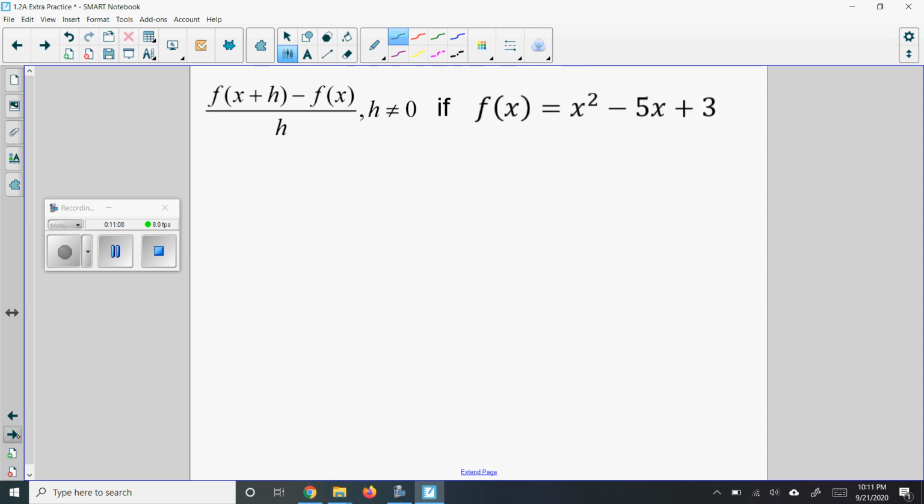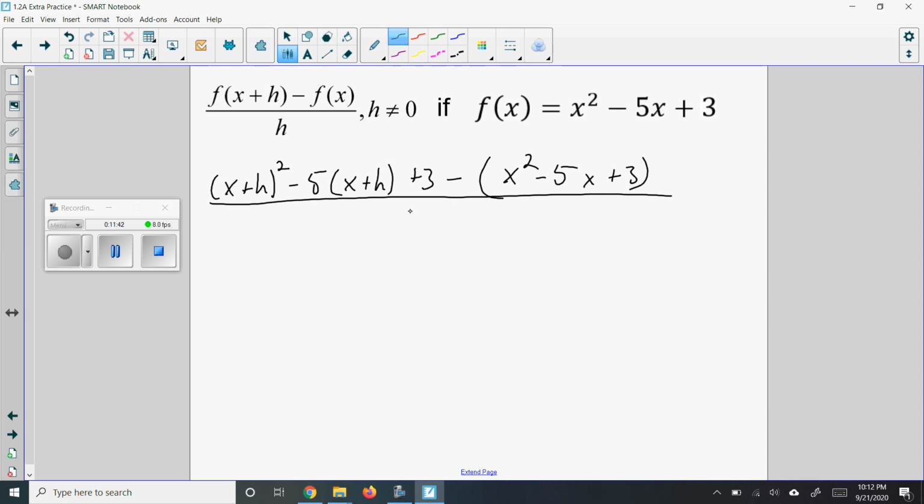Okay, let's do this one. Again, we're going to replace all of the x's with x plus h. So x plus h squared minus 5 times x plus h plus 3. That's this. Now we're going to subtract the whole function. X squared minus 5x plus 3.